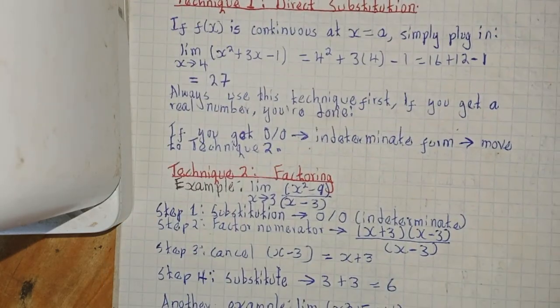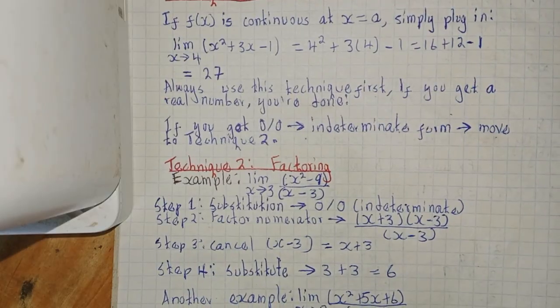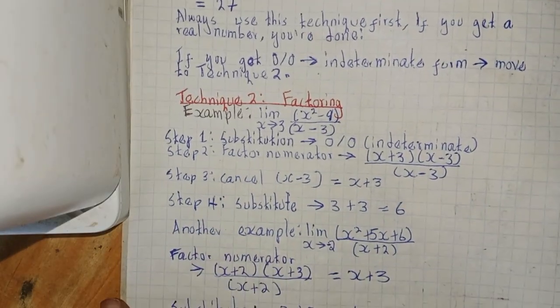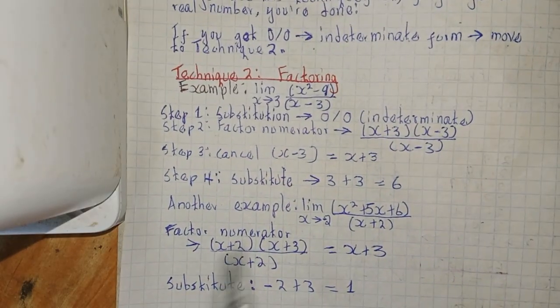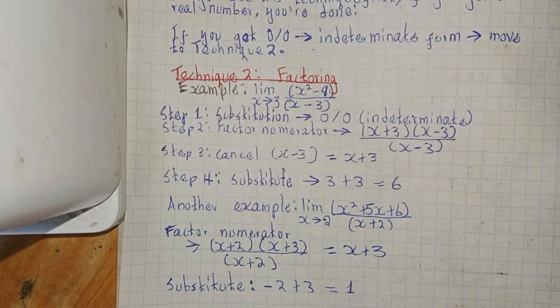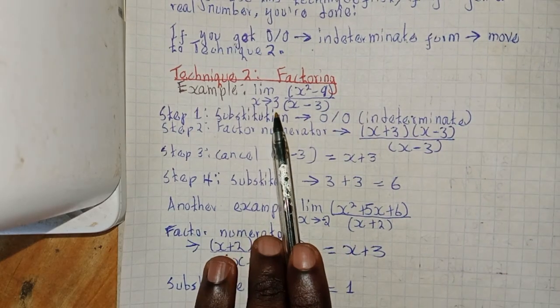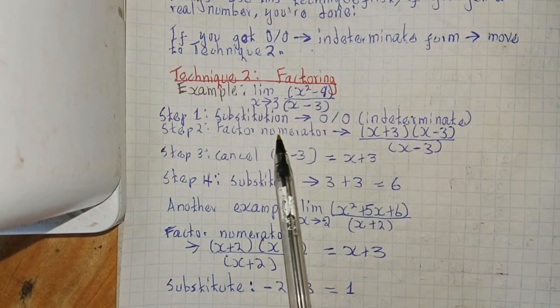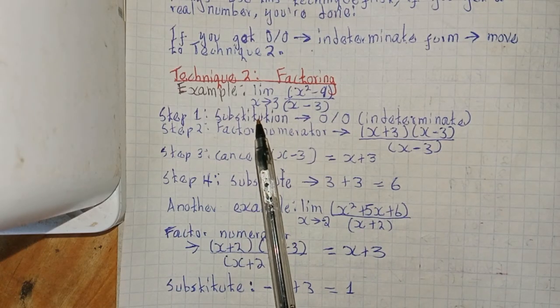factoring. So in this example, we've got the limit of the function x squared minus 9 all over x minus 3 as x approaches 3. The first step is to try direct substitution.